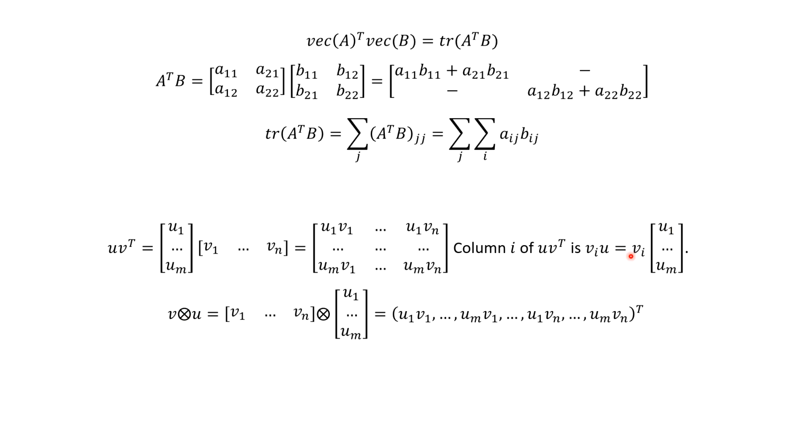And then the claim is that the vec of this is equal to v Kronecker product with u. So we take v Kronecker product with u, and it would be v1 times u1, u2, up to um. It would be this thing here. And again, we're going down a column, but I'm writing it as a transpose, otherwise it would go off the page.